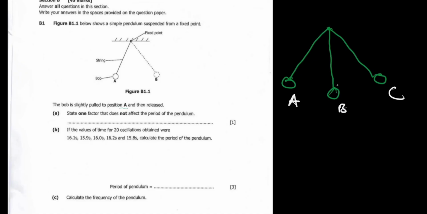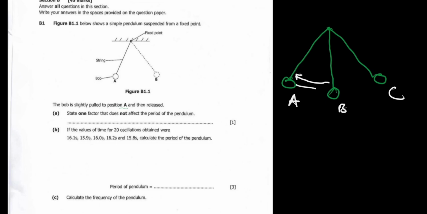This means that if you have a fixed point like this, and you have a pendulum bulb like this, so let's say this is position A, this is B, and this is C. For one complete oscillation, if this is the resting position, which is B, you have to push this bulb to position A and then release it.